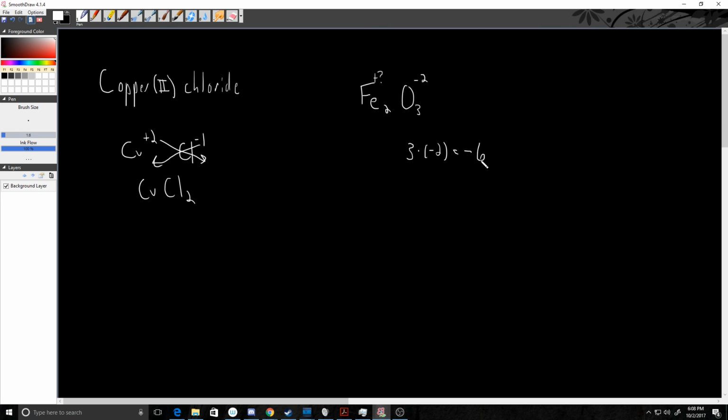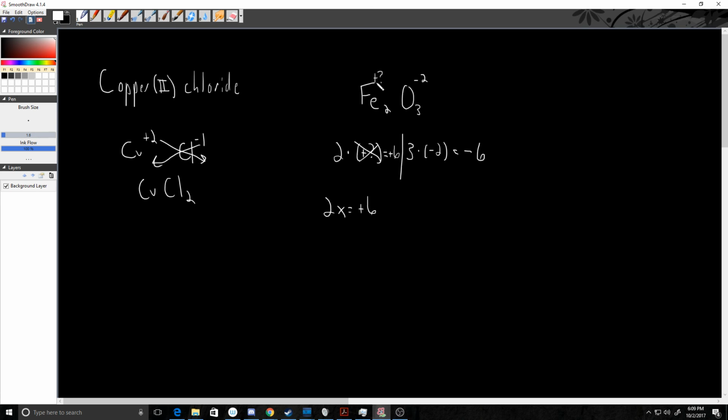So I actually have a total negative charge of -6. All right. So that means, like over here, if I'm indicating this the same way, whatever the charge on the iron is has to equal +6. Separate those two a little bit. So now I just have to do a little bit of math. So let's just call that, we have 2x equals +6.